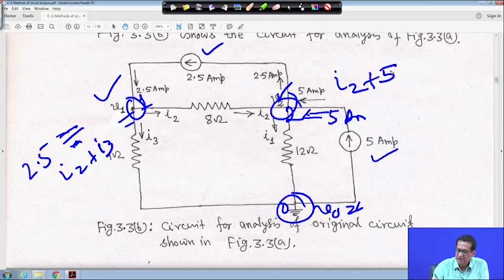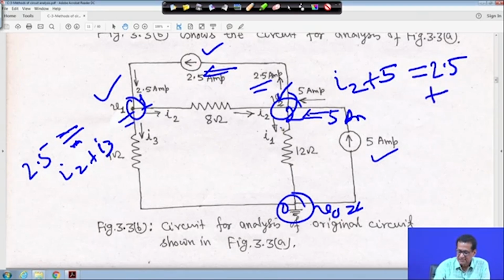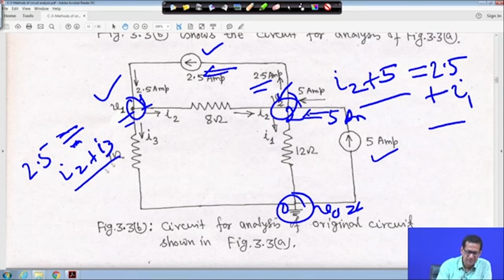So it will be I2 plus 5, these two being incoming currents, and it is equal to this 2.5 ampere current, which I have marked here as leaving the node because of the direction given, plus the right hand side I1. So one equation is I2 plus 5 is equal to 2.5 plus I1, and the other is 2.5, the incoming current, equal to I2 plus I3.